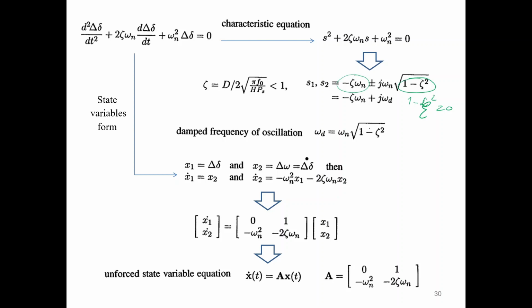If this is greater than 0, you get two different positive real roots. If you learned from control theory, this is the eigenvalue. And if you get a complex number, you get the underdamped case. This is how we define the damped frequency of oscillations.